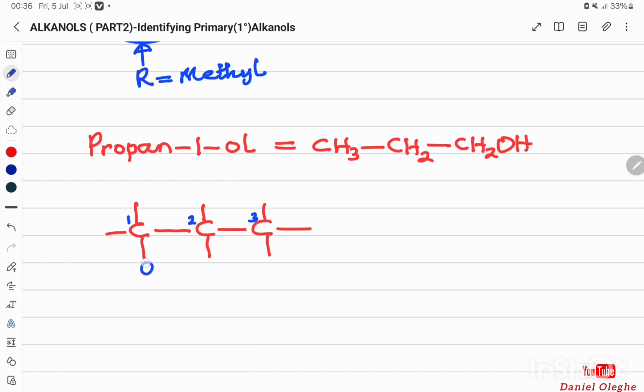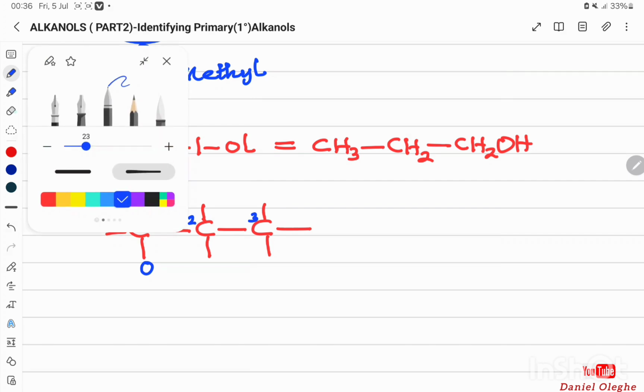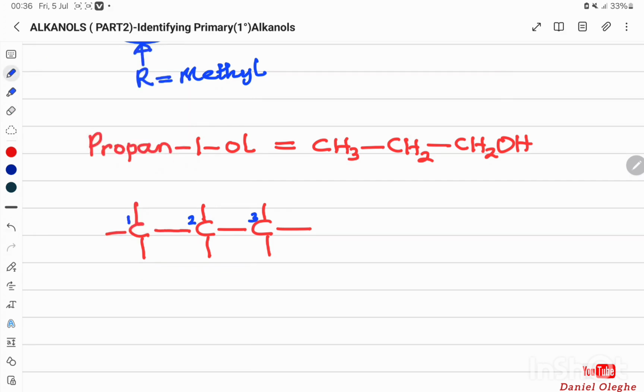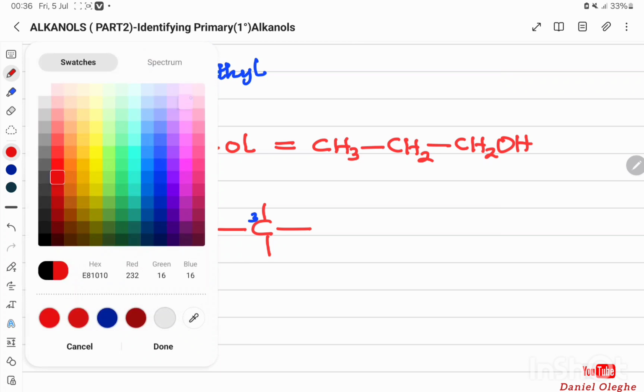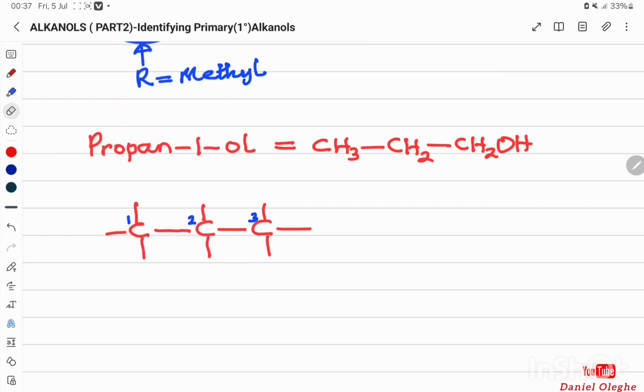If I have the hydroxy group on the first carbon atom, the hydroxy group is represented as follows. That means the carbon atom numbered 1 is the hydroxy-carbon, and it's also a terminal carbon. Carbon 1 and carbon 3 are terminal carbon atoms, and one of them is bearing the hydroxy group, and that is the hydroxy-carbon.